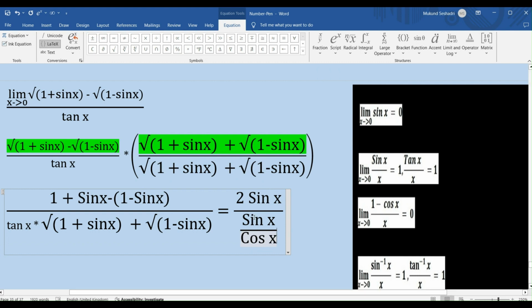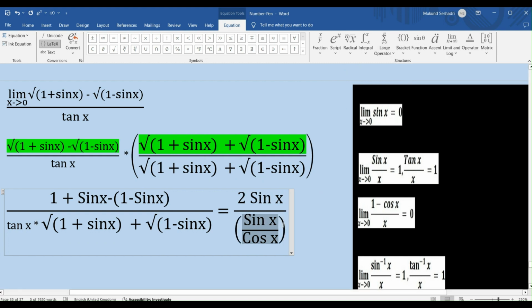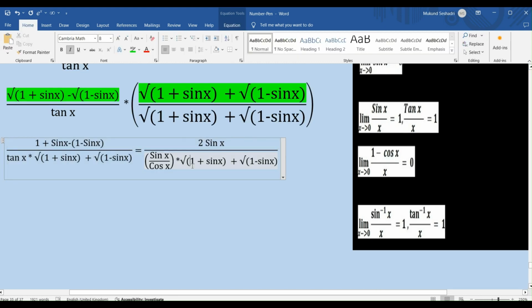Why am I doing it? It's going to allow me to cancel my sine x and leave me with an expression which will tend to a finite number, right? And what is this? I copy this as it is for the time being. So now I know where to go.